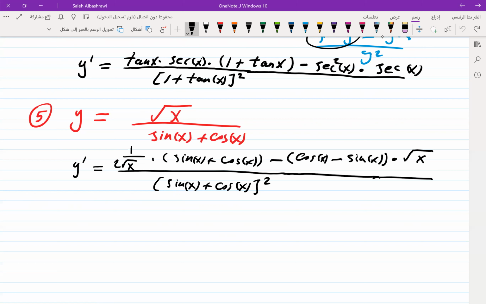So this is the derivative of this function y equal to square root of x divided by sine x plus cosine x. What we did, we just applied the quotient rule: f prime multiplied by g minus g prime multiplied by f divided by g square. And we got this derivative.